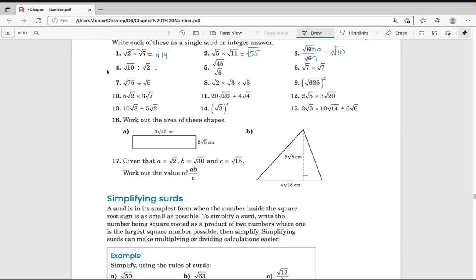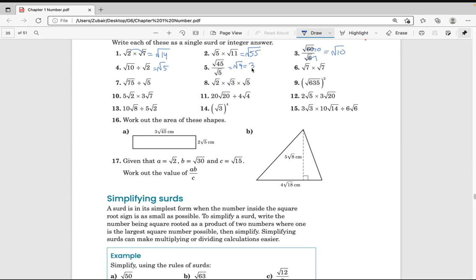Meanwhile, Harris, can you try this? Yes, sir, I can try. So that's 10 divided by 2, which is 5, so square root 5. Very good. Next one, this will be square root 9. That's good. We can further simplify this into 3.